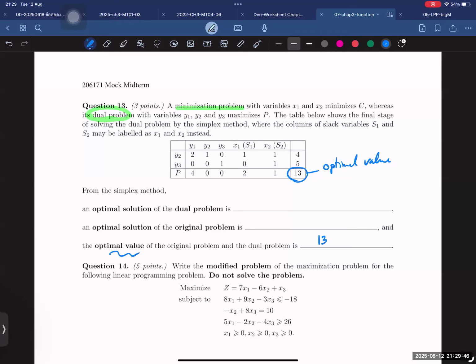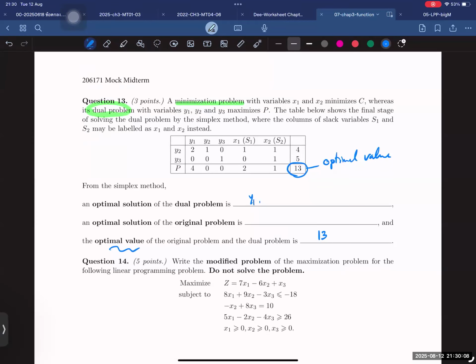The optimal solution of the dual. So the dual problem is related to the y, right? Now, you can see that y2, y3 are showing up here. That means y2, y3 are these. But y1 is not showing up. It means that y1 is 0.